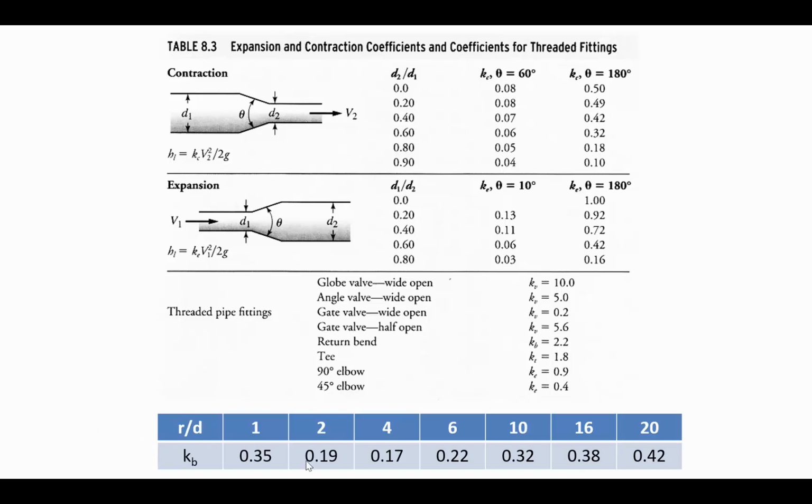So a radius to diameter of 20 means that you have a really long pipe section making that turn, and so they've kind of just incorporated the frictional losses and the local losses into one lump K value here. That's the thinking behind why the K value is going back up again.